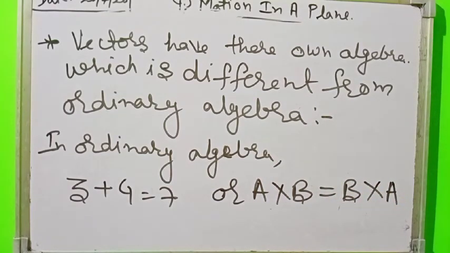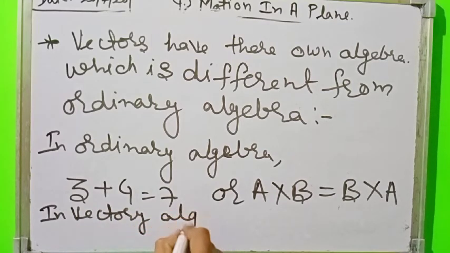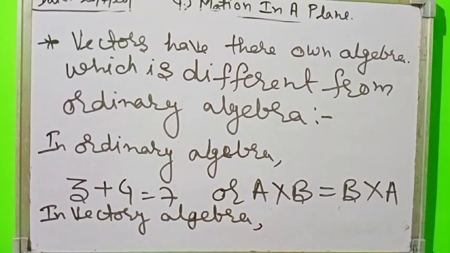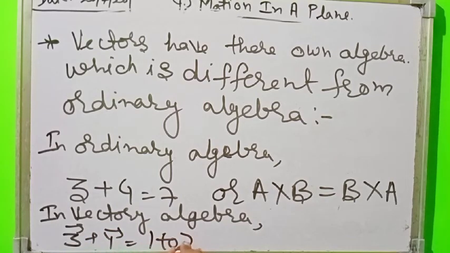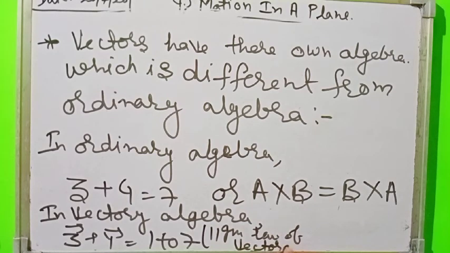But in vector algebra, 3 plus 4 is equal to anything from 1 to 7, because we use here the parallelogram law of vector addition, and the sum is any number in between 1 to 7.